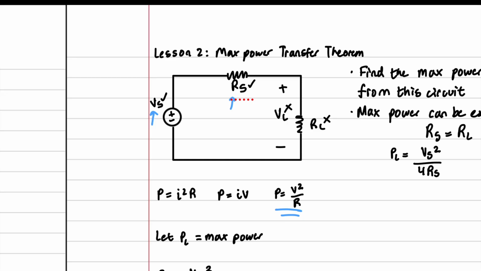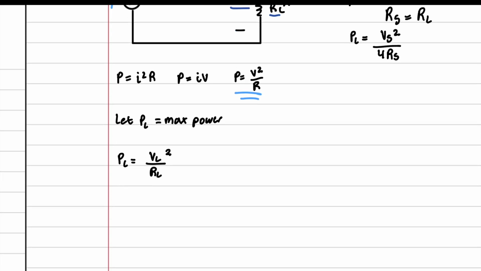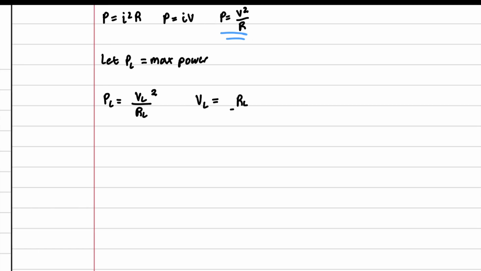Well, this right here, VL, is a voltage divider, okay? RS and RL divide down the middle to produce this VL right here. So we are just going to say that VL is equal to RL over RS plus RL times VS, because VS is the input voltage. Okay?